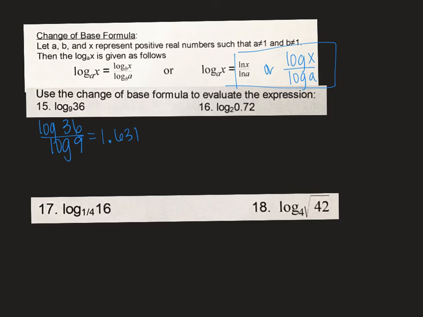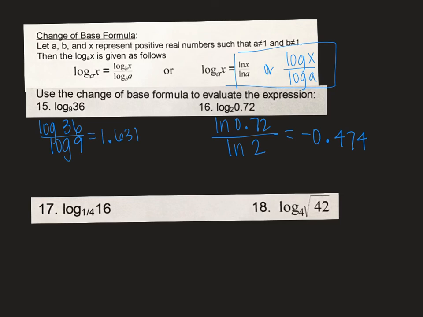And then I'm going to do it again for 16, only this time I'll use natural log. So the natural log of 0.72 over the natural log of 2. I'm going to type that into my calculator, making sure I'm closing the parentheses. And it's going to give me negative 0.474.